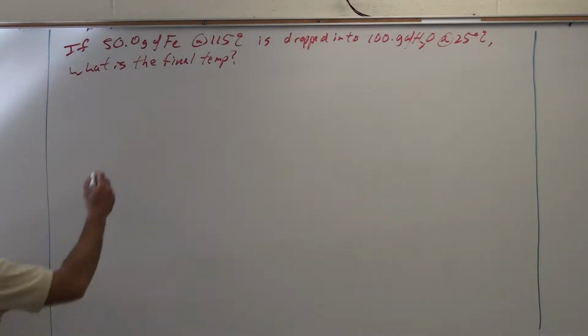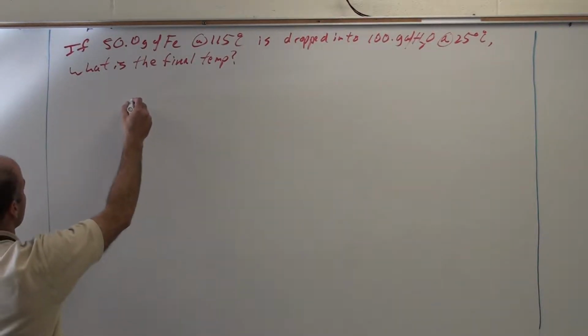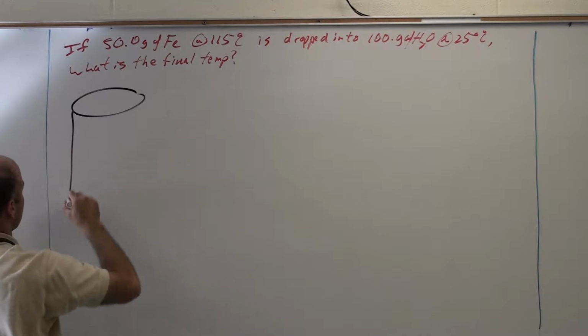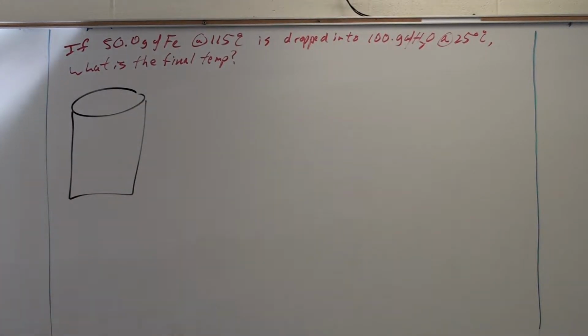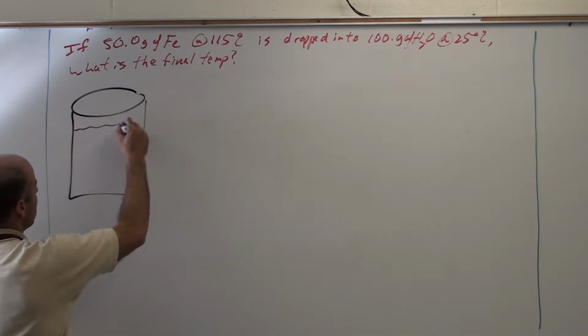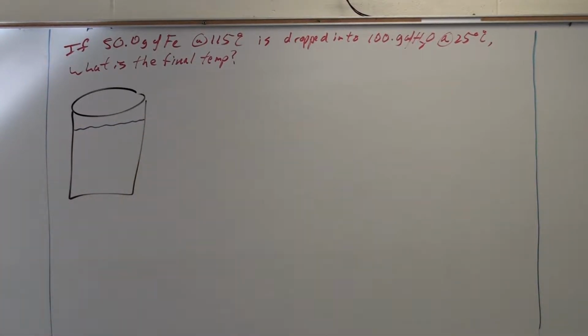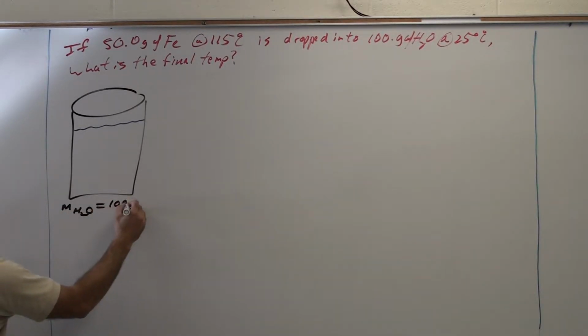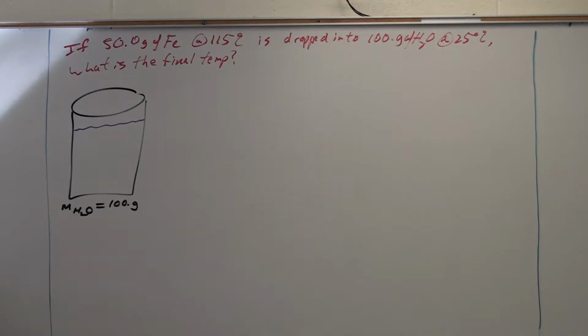So I have a beaker. And in that beaker I have 100 grams of water. So my mass of water is 100 grams.